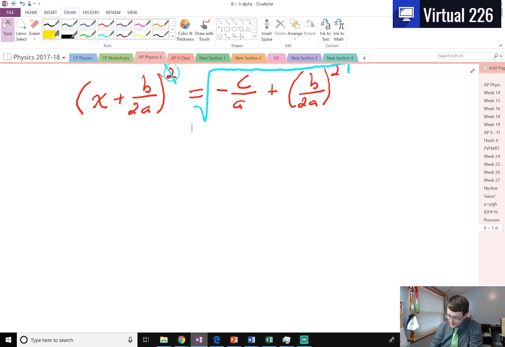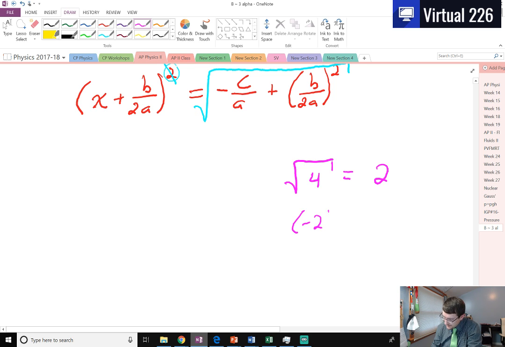This is because if I look at something like, what's the square root of 4? Most people will say that's 2. Well, what if I had negative 2 times negative 2? That equals 4. So really my answer for the square root of 4 is plus or minus 2. It could be either of them.